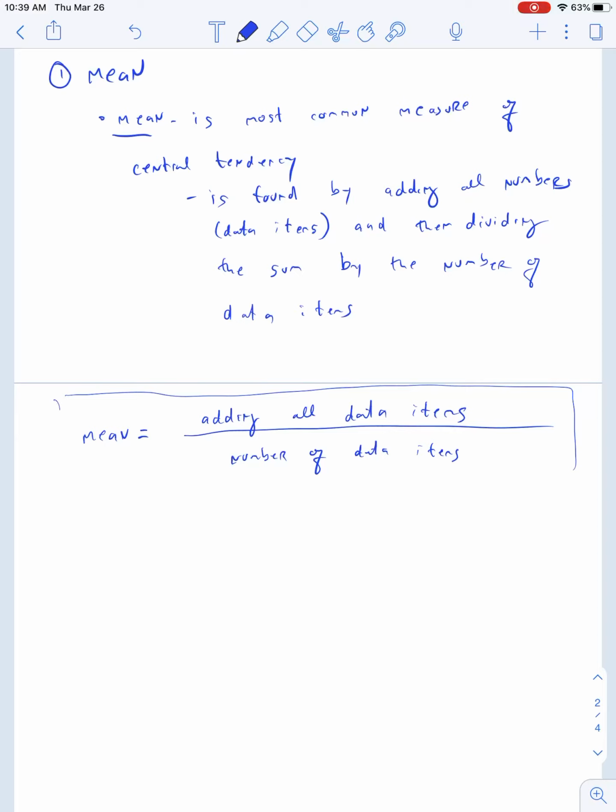So this is, in words, how we find the mean.